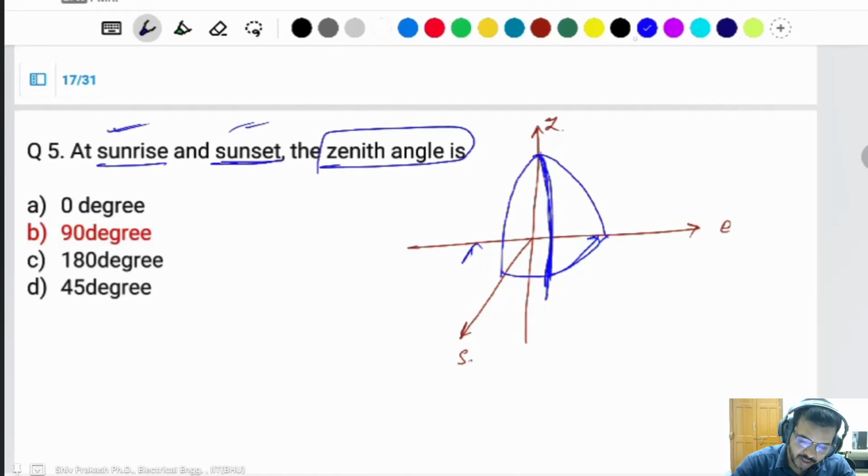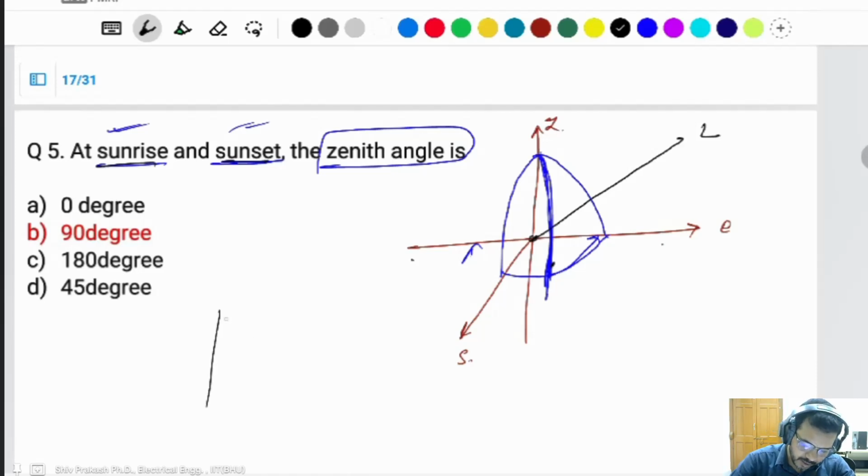You know the rise is here in the east, and this is the west. Take insolation of this one, L. At the sunrise and sunset, the insolation will be minimum.